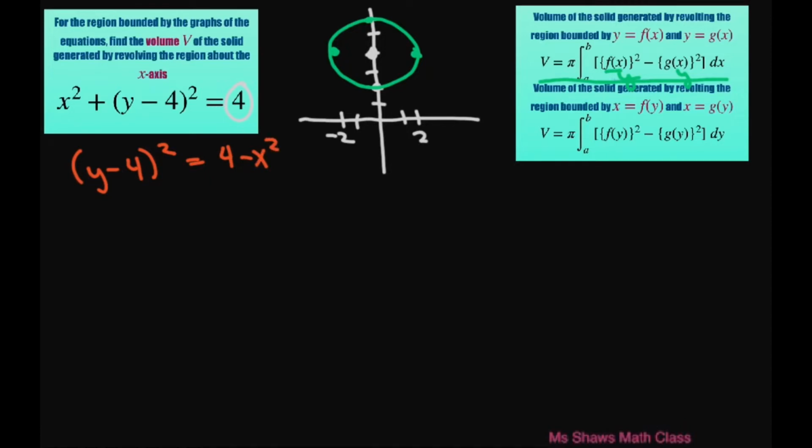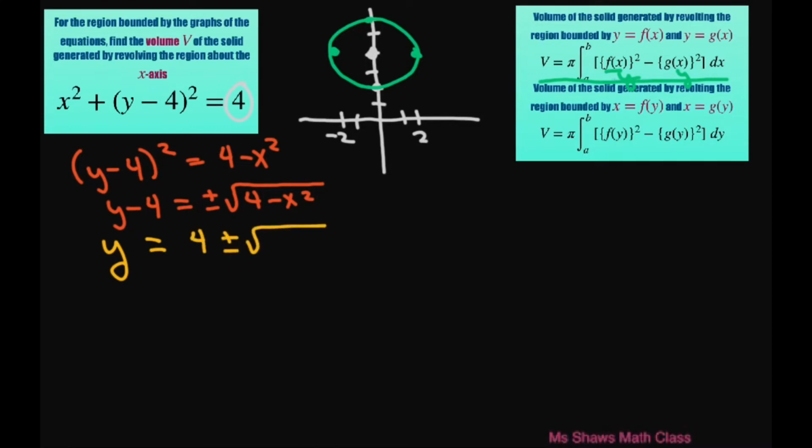When you square root both sides, y minus 4 equals plus or minus the square root of 4 minus x squared. Then add 4 to both sides, so y equals 4 plus or minus the square root of 4 minus x squared.